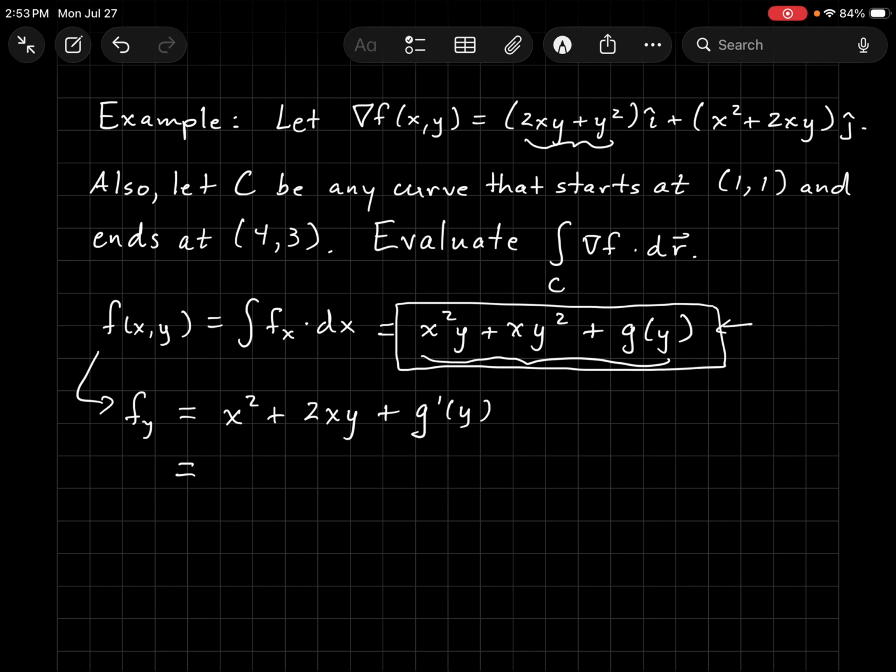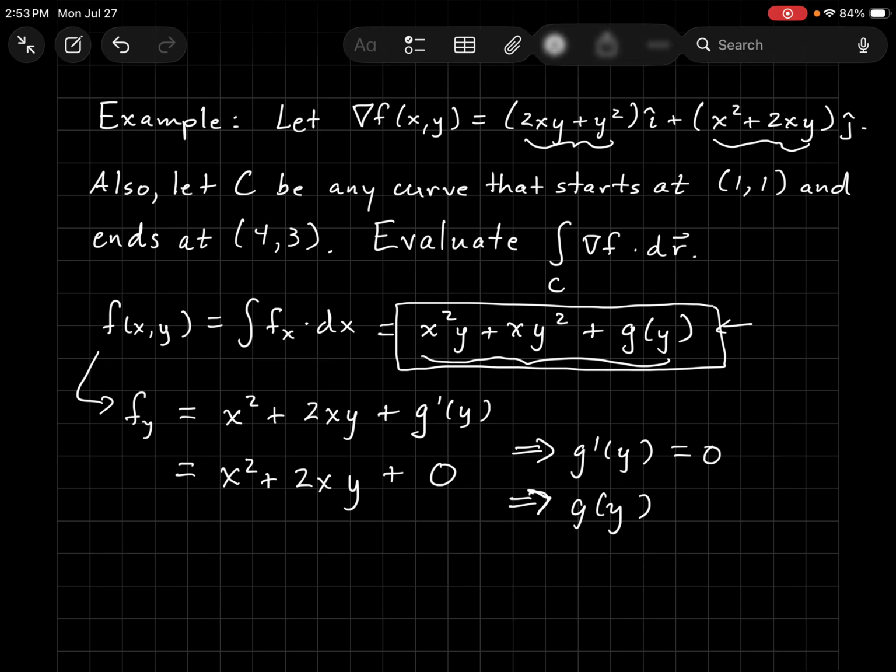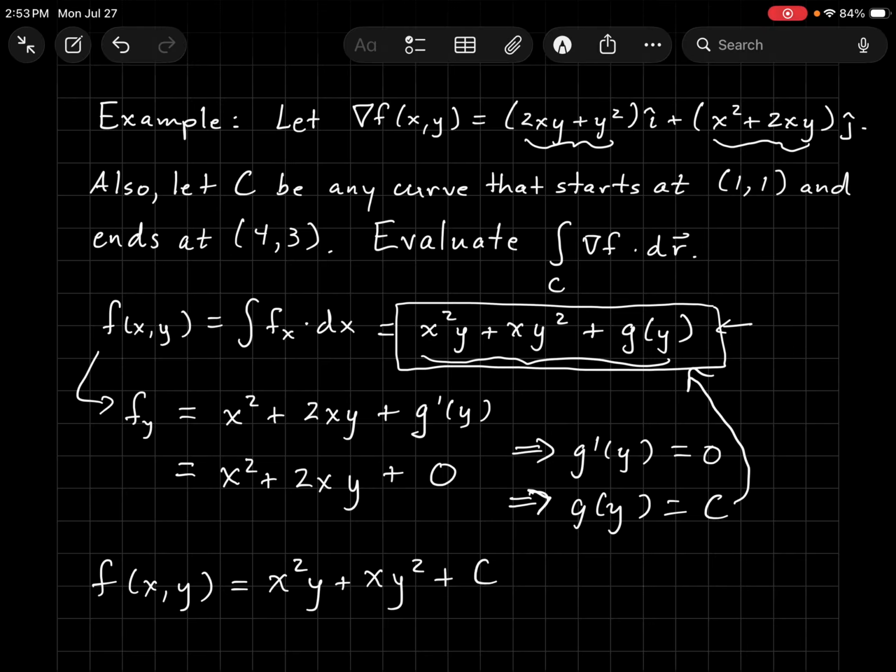But I know from my original that the partial with respect to y is x² + 2xy, plus nothing else, plus 0. So this implies that g'(y) equals 0, which means that g(y) is a constant. So I found g(y). I can plug it back into my f(x, y), which gives me f(x, y) = x²y + xy² + some constant c.